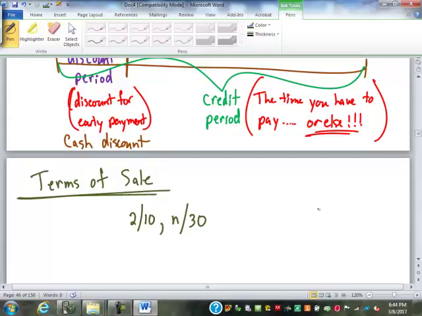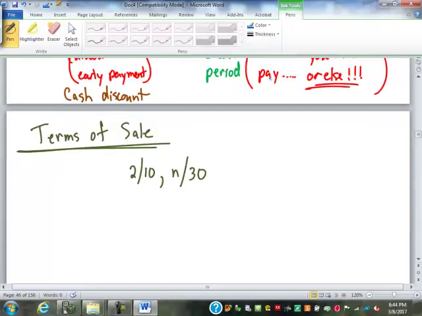That N/30 is read net 30. What this means, 2% discount within 10 days of the invoice.